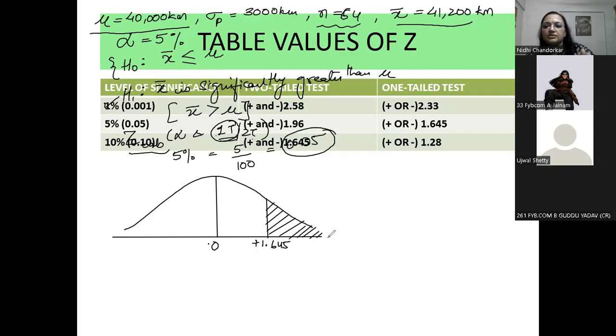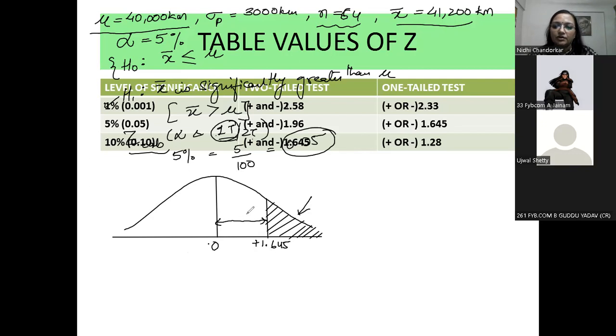If the question were whether the value has decreased or not, it would have come on the negative side, that is minus 1.645. So this is what we have to find out, whether the calculated value is falling within this region or in this region.